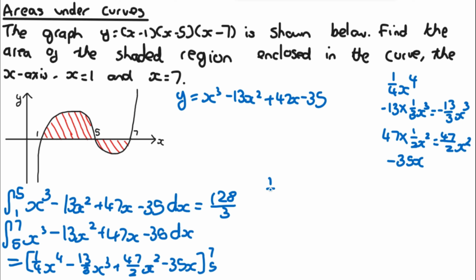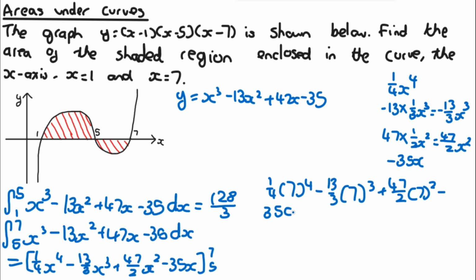So for 7 it's going to be 1 over 4, 7 to the power of 4 minus 13 over 3, 7 cubed plus 47 over 2, 7 squared minus 35, 7, which if you put into a calculator is equal to 245 over 12. We figured out the 5 before, which we figured out to be 325 over 12.